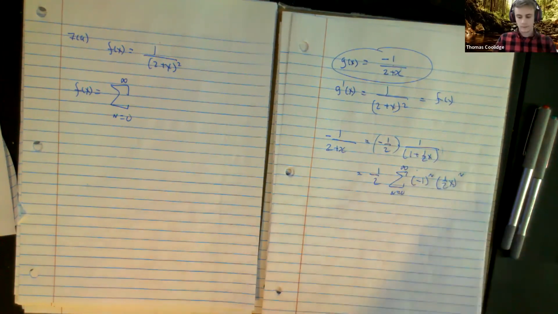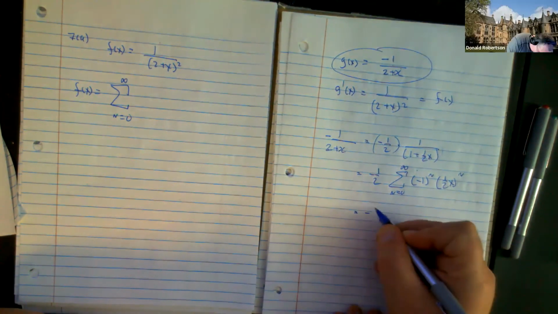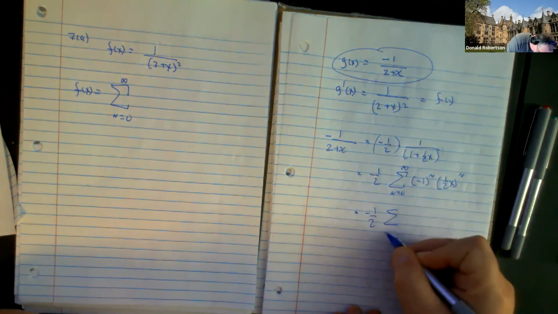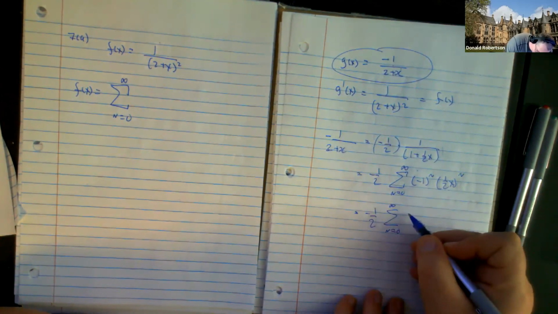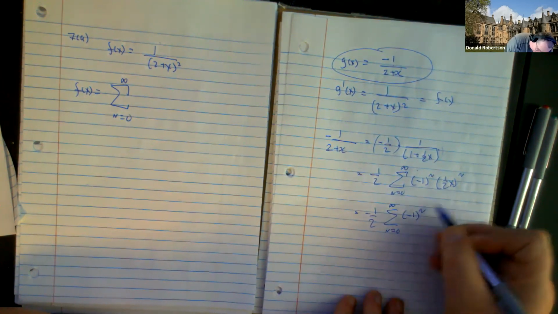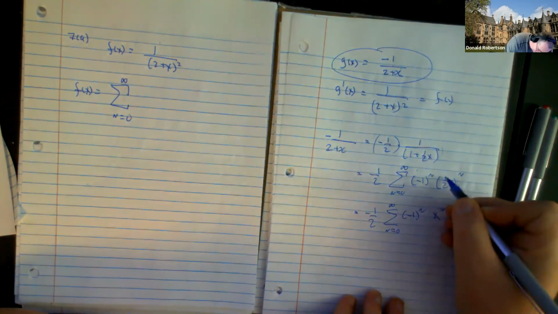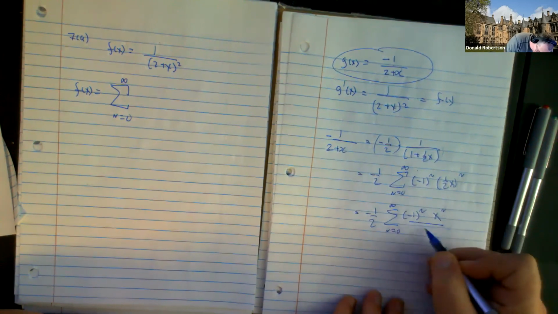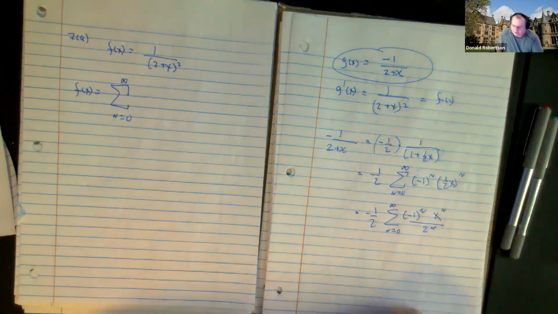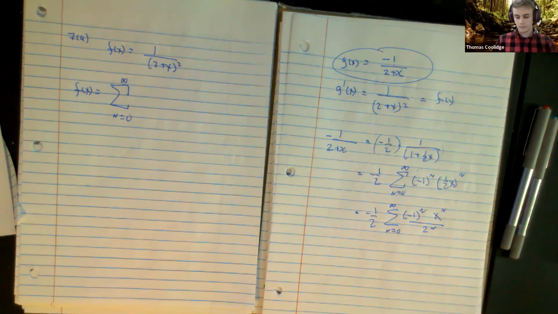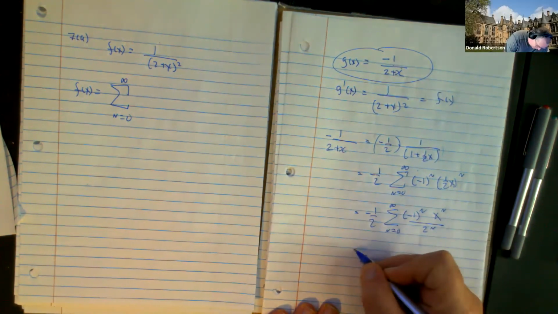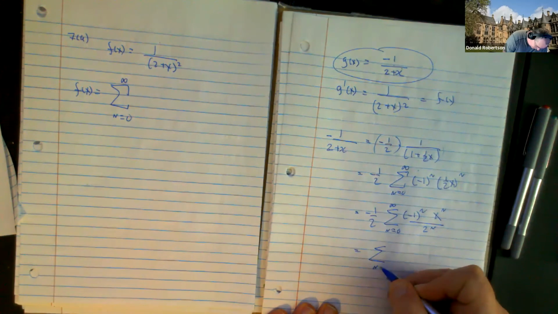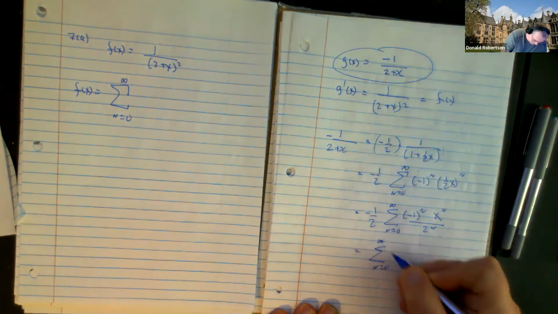Right. So now I'm going to make it look pretty. And what do I get? I get x to the n. 1/2 to the n is much better written as 1/2 to the n. So that's what I did. All right. And now I'm going to bring in this negative and this 2, so everybody is inside the sigma.